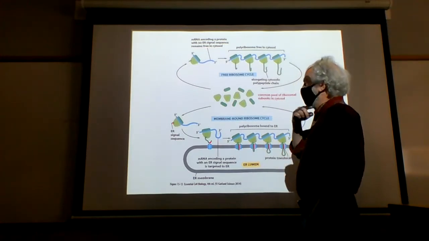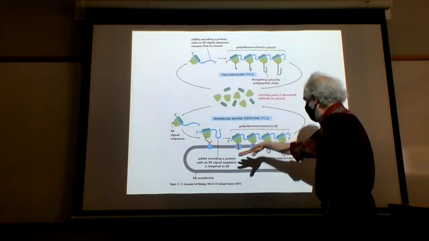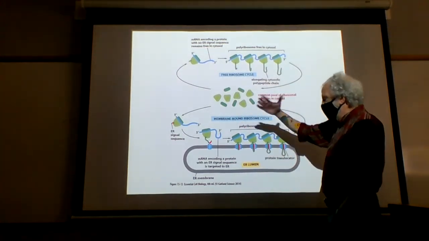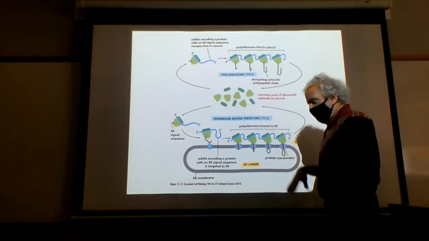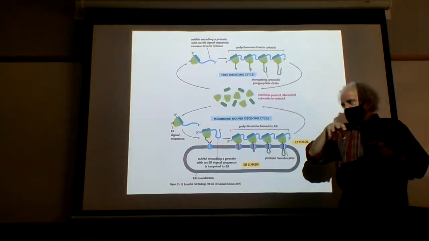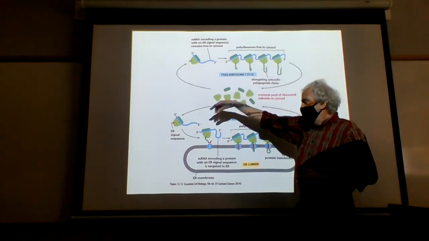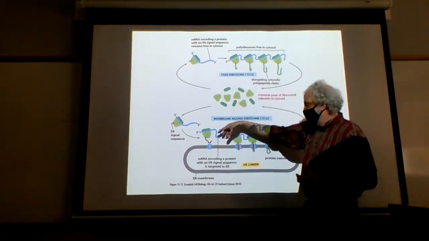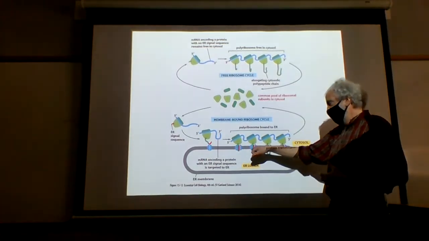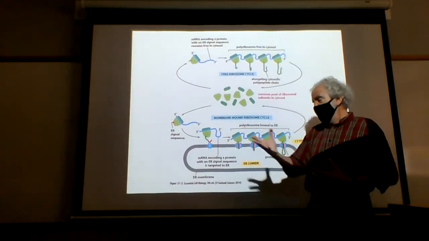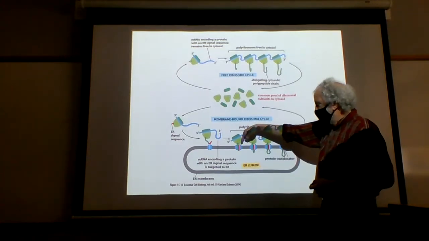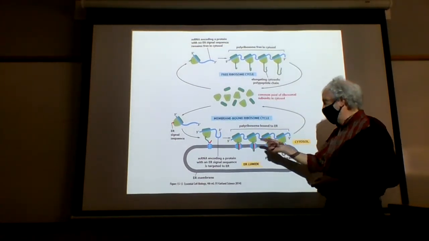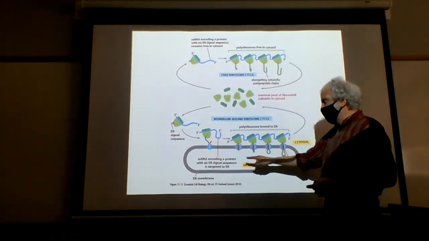And the signal recognition particle, and this diagram is sort of like the first stage in Blobel's discovery, is directing the whole ribosome, RNA, little bit of protein to the surface of the ER. And that makes this become rough ER. And the protein is now being translocated through a protein channel into the ER.